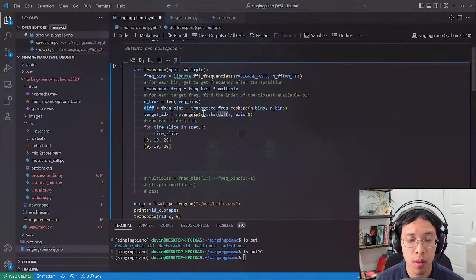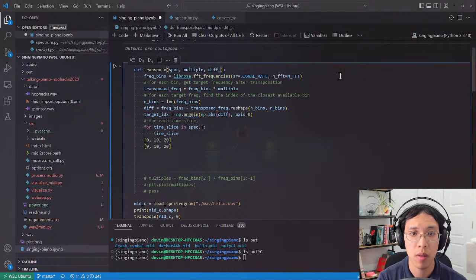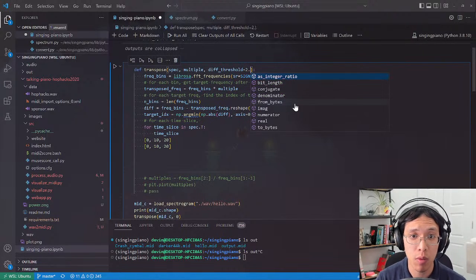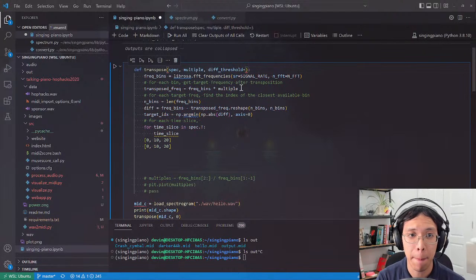Okay, so if diff is too big, basically, we don't want to do anything. So we'll add a hyperparameter here, just a little hard-coded number, which is the maximum difference in frequency we're going to tolerate, which will be, let's say, something, what would be reasonable? Maybe like 50 hertz or something. Or you know what, let's use a multiplicative scale, because that's what a lot of this is based on, and we will use a diff threshold of 1.2 or something, 1.1.